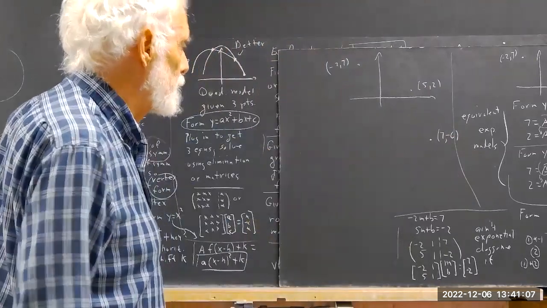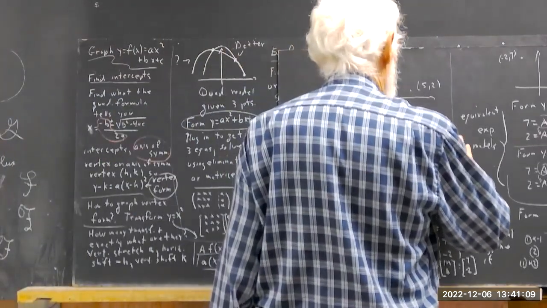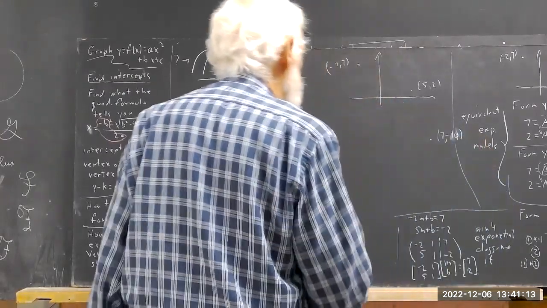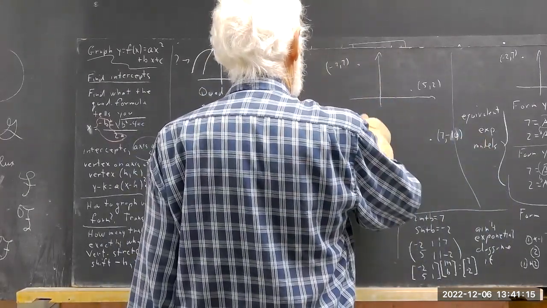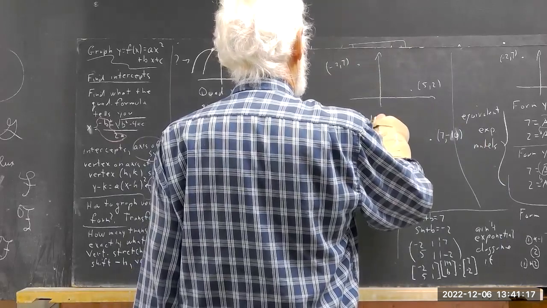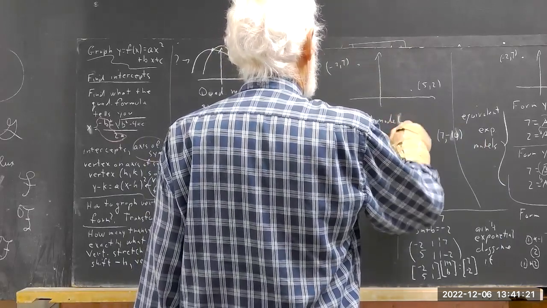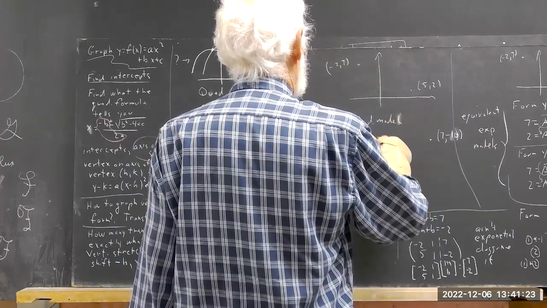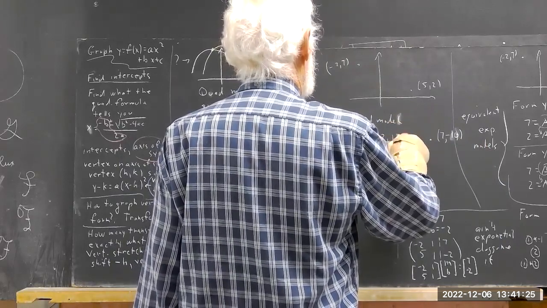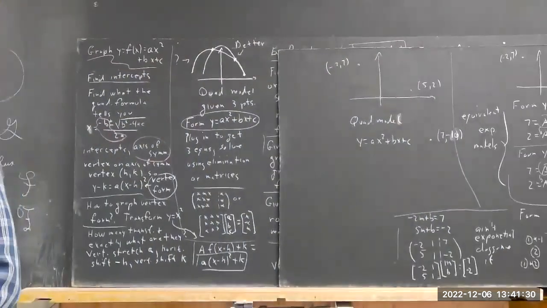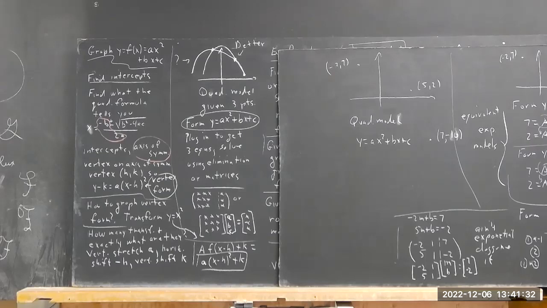That's not accurate. Let's make it 7, minus 10. Quadratic model y equals ax squared plus bx plus c. What are your 3 equations?